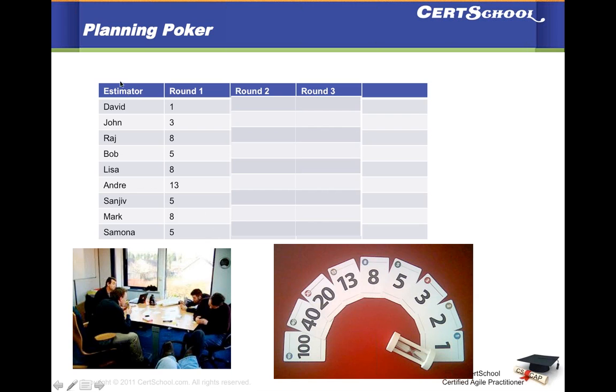At this point, you can see that there's a big spectrum of estimates for this one single story. David and Andre will have to communicate with each other to understand why they thought what their estimate was and why there was such a big disparity between the two estimates.